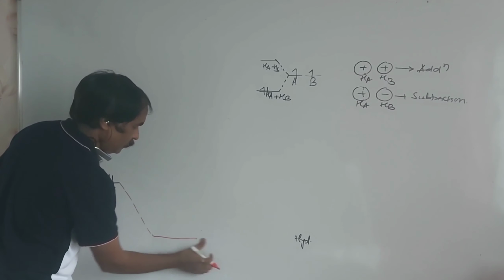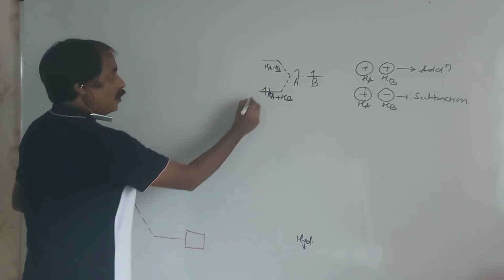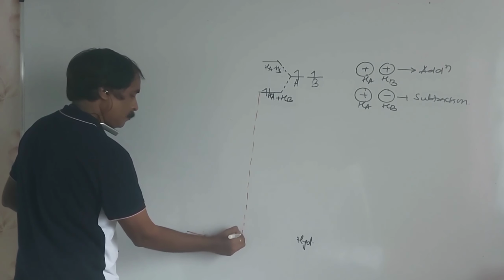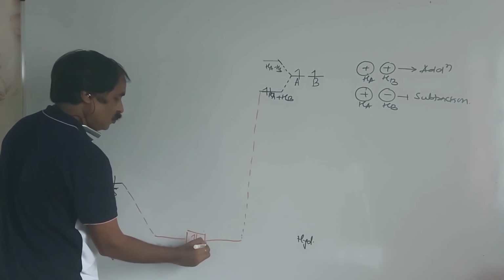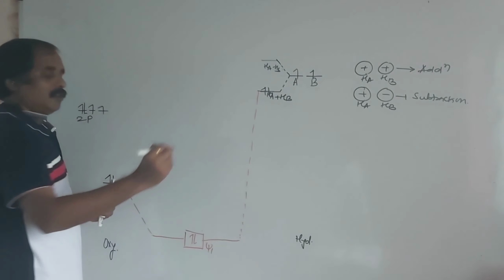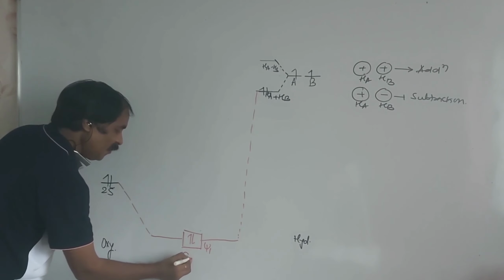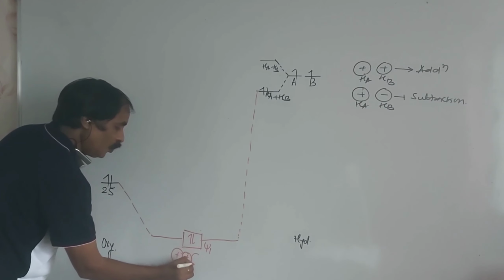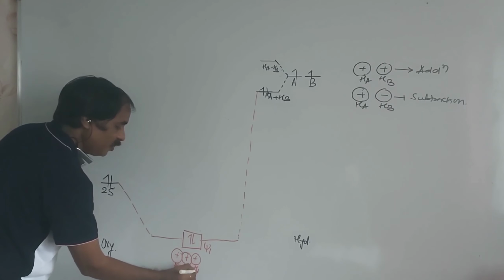I will show here, like this. Here it is 2 electrons. So this is sigma 1, that is the 2s of oxygen and the s of hydrogen. This is Ha, this is Hb.